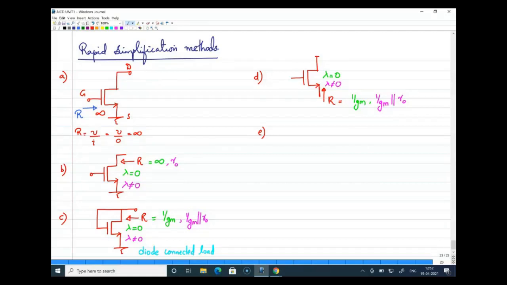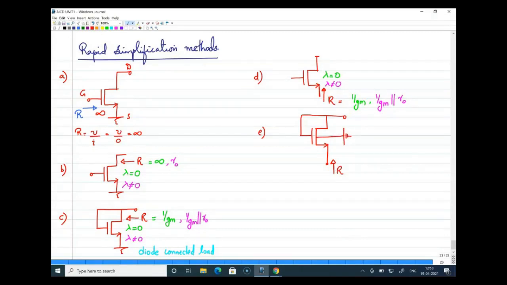So with another combination, I'm just drawing it in this fashion. Drain and gate are shorted together. I am looking at the resistance from the source, but the difference is now I am bringing the body terminal into the picture, and the body is connected to ground.